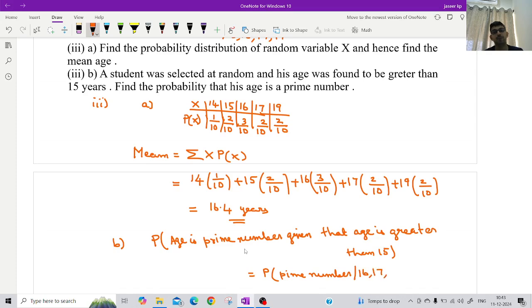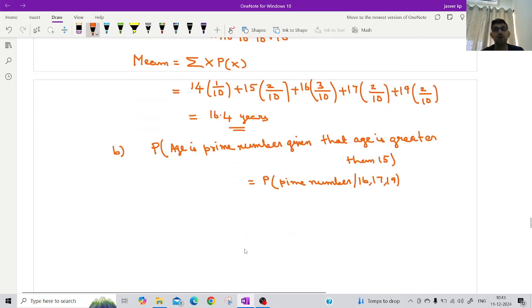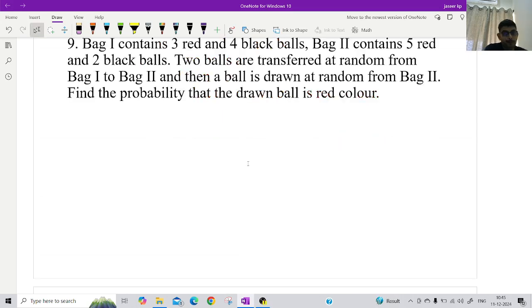So there are only three numbers here in the age. Out of 16, 17, 19, what is the probability of getting a prime number? 17 and 19 are the prime numbers, so 2 are prime. So the answer will be 2 by 3. That is the answer for the B part.